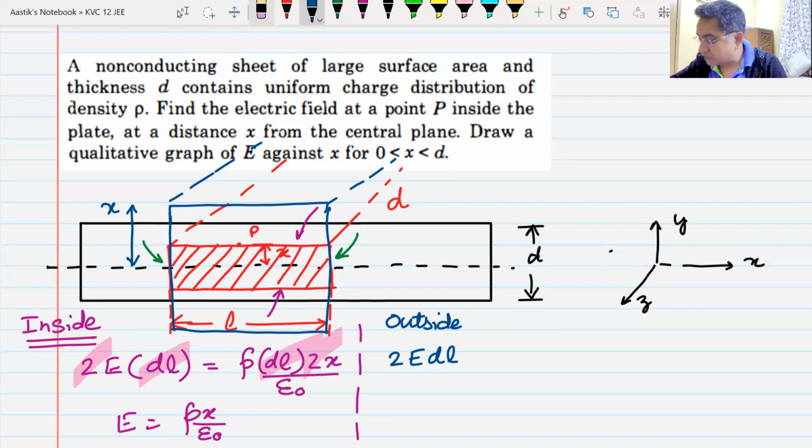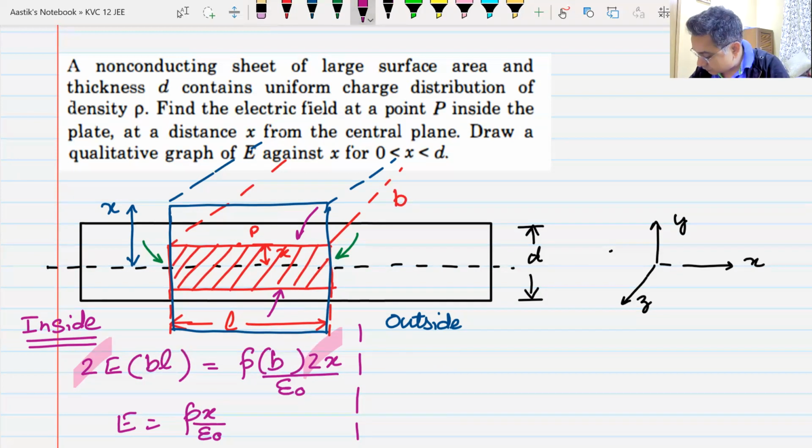This is D, I should not take this as D. Let me change it, otherwise it will create confusion. Let me take this as L and this as B, breadth. So here it should not be D into L, it should be B into L. Okay, now it is correct.